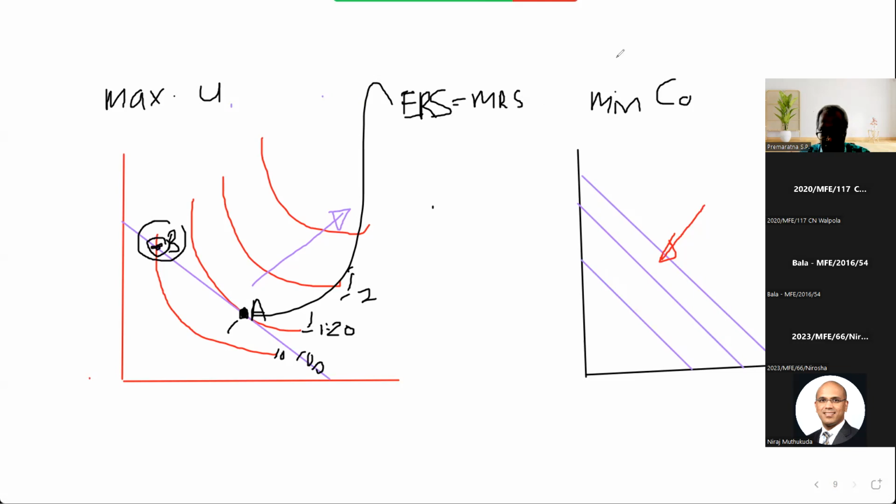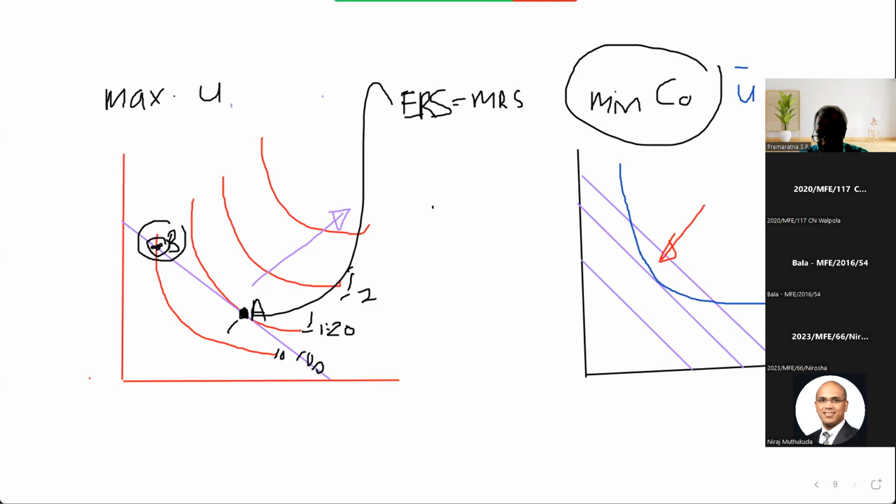Now look at some consumers, or even the same consumer sometimes, who try to minimize expenditure. But keep in mind, given a level of satisfaction. At the end of the day, they try to maintain the given level of satisfaction. So the indifference curve goes like that; that is given.